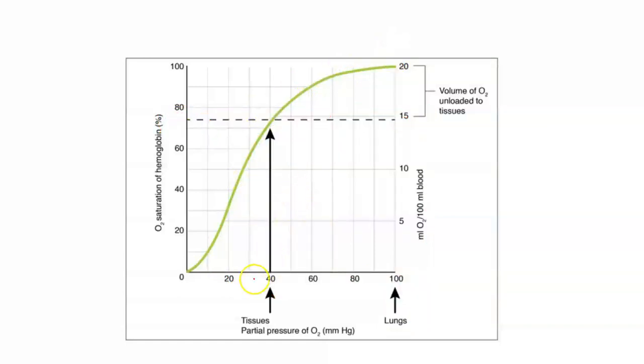Because if you get to places like this in your body, any place in your body where you only have 30 millimeters of mercury, this would be like the condition in really active skeletal muscle, a skeletal muscle that's really active and using oxygen intensely, you might get even as low as a partial pressure of 20. Well, you need a much more rapid diffusion of oxygen to those regions.